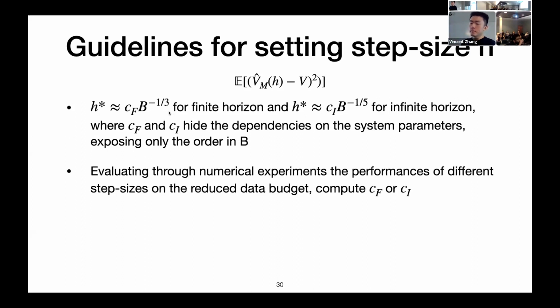On a reduced data budget, we can evaluate the performance of different step sizes. We still compute the MSE, find where the H star is, and do the same plot and fit the line by least squares. That will give us the constant, which can be used to extrapolate to larger B.